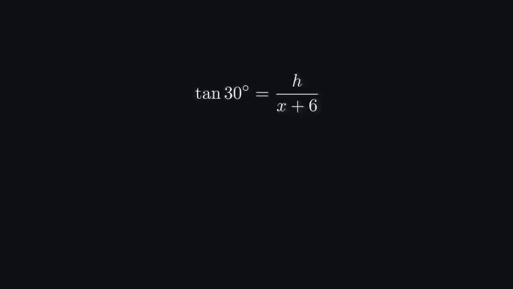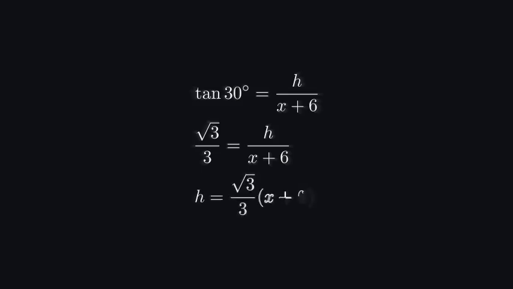So the square root of 3 over 3 equals h over x plus 6. h equals the square root of 3 over 3, times x plus 6.